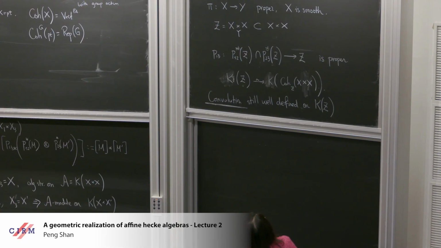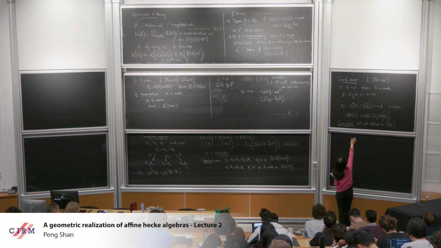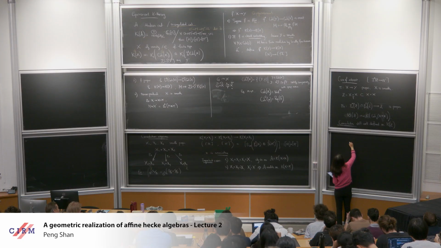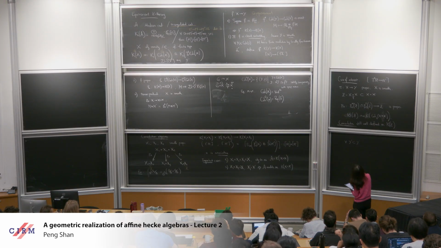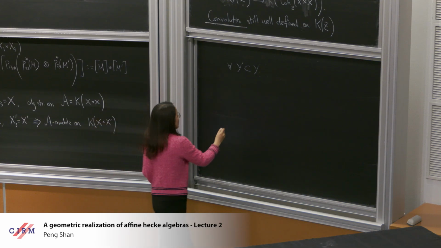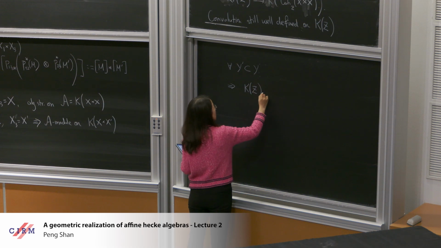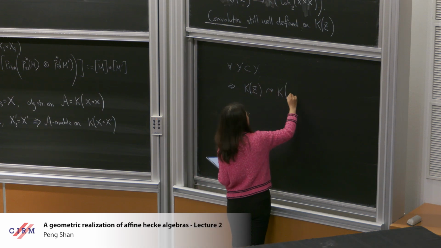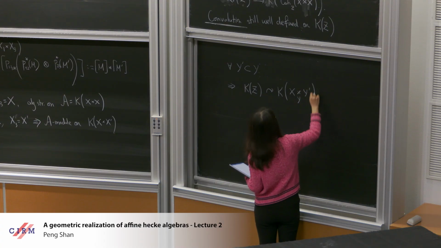And moreover, this kind of thing will be the algebra we're interested in, and you can also observe that for any subscheme y prime inside y, by this thing here, we get an action of K of Z on K of the fiber product of X with y prime over y.